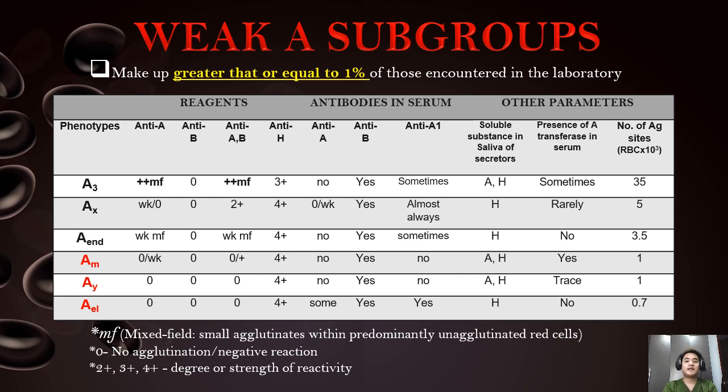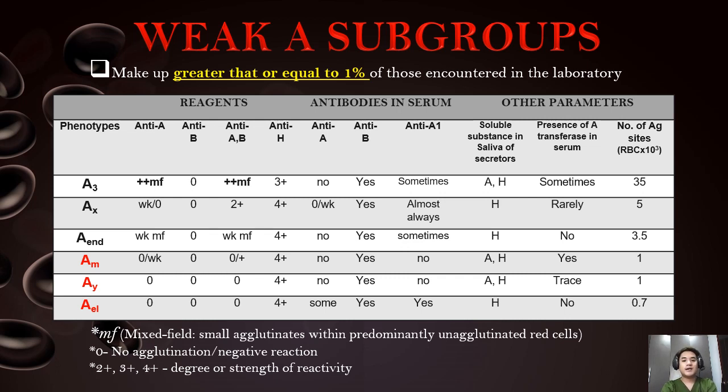Take note that in Ax, anti-A1 is almost always present. Your Aend demonstrates agglutination, however, it only exhibits a weak mixed field reaction with both anti-A and anti-AB sera, where only 10% or less of the RBCs were agglutinated. It contains about 5,000 antigenic sites per individual RBC.